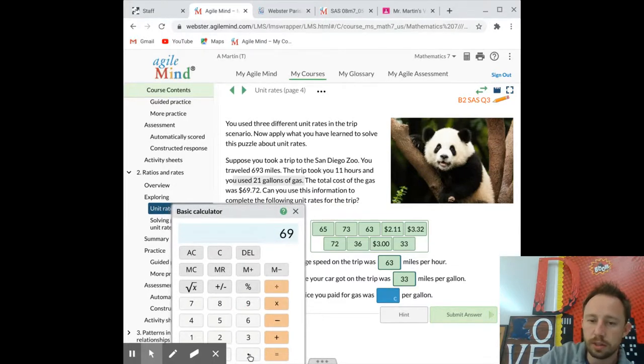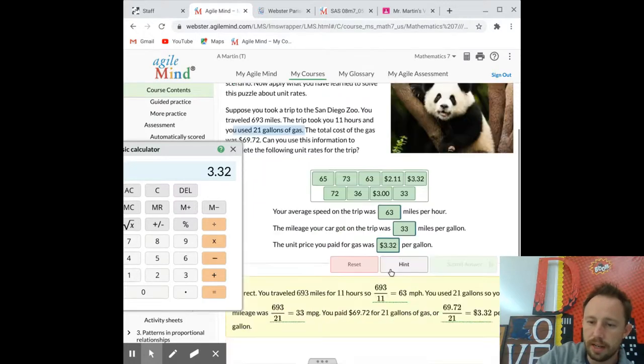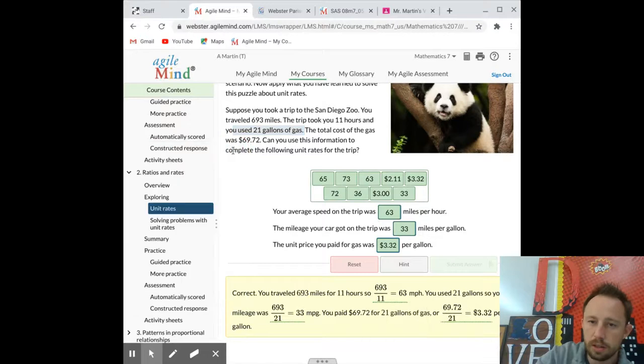You are 100% correct. So we did $69.72 divided by 21 gallons, and we get $3.32. Let's check our work, see if we got them all right. Look at there. We're a team. Good job. All right, so we all got it perfectly correct. Good job, Rachel.